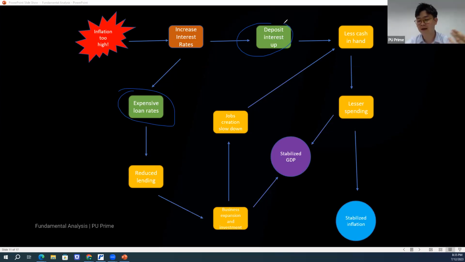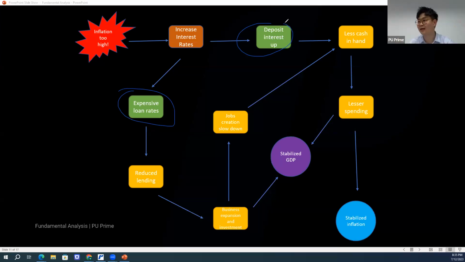But now, if the interest rate is 20%, you are not going to borrow the money anymore, right? So this is the thing that you need to understand. This is what the central bank does. When inflation is very high, they don't want people to spend more, so they just increase the interest rate. When they increase the interest rates, nobody is going to borrow money from the bank to purchase a car or a house. And this is the time that inflation will slowly move down.